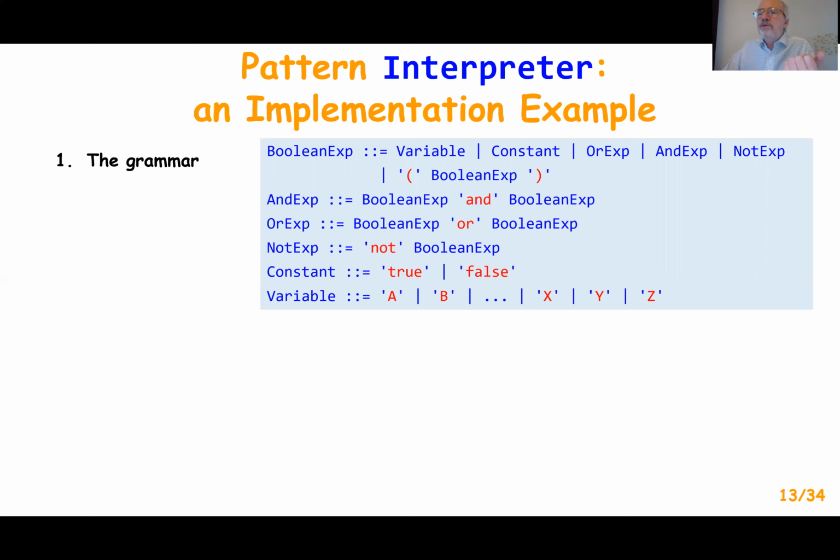There are several options separated by vertical bars. The options are a variable, a constant, which in this example is true or false, described in the 5th rule, or an OR expression, or an AND expression, or a NOT expression, or a sequence of 3 elements: 2 parentheses enclosing a Boolean expression.